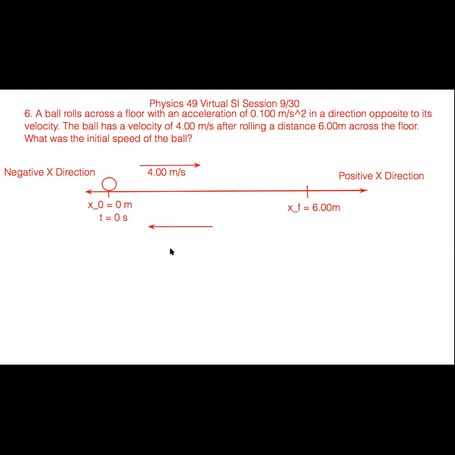Well, if the ball is going in the positive direction and the acceleration is affecting it in the opposite direction, that means it's probably going to slow it down because of the difference in direction. Because the acceleration and the velocity are acting in opposite directions, the acceleration will have the effect of slowing down the ball.